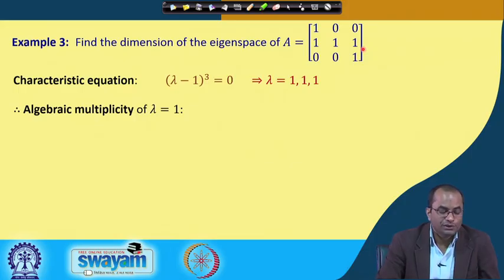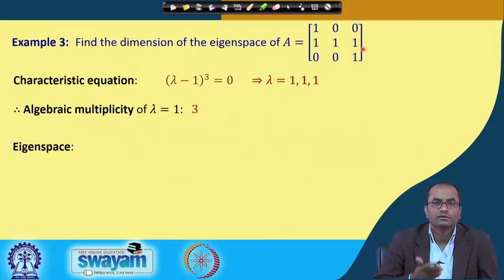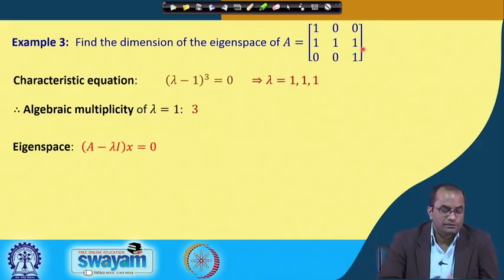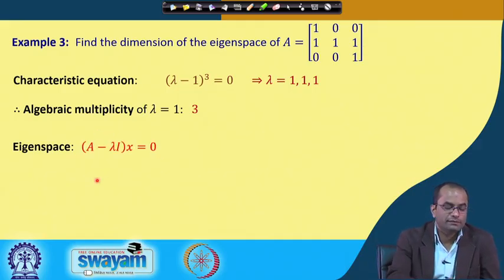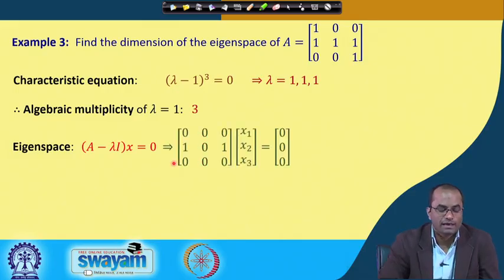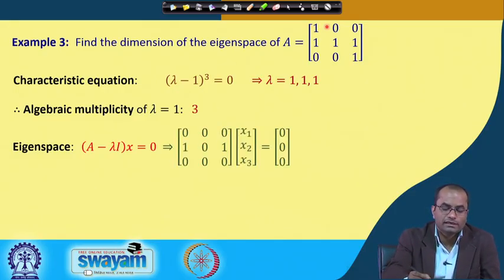When we compute the eigenspace here, meaning we have to compute the eigenvectors, with this equation A minus lambda I times x is equal to 0. What will happen in this case is that when we subtract 1 from the diagonal entries, the diagonals will also be 0, and we have this very simple example, and in this case there will be only one pivot.